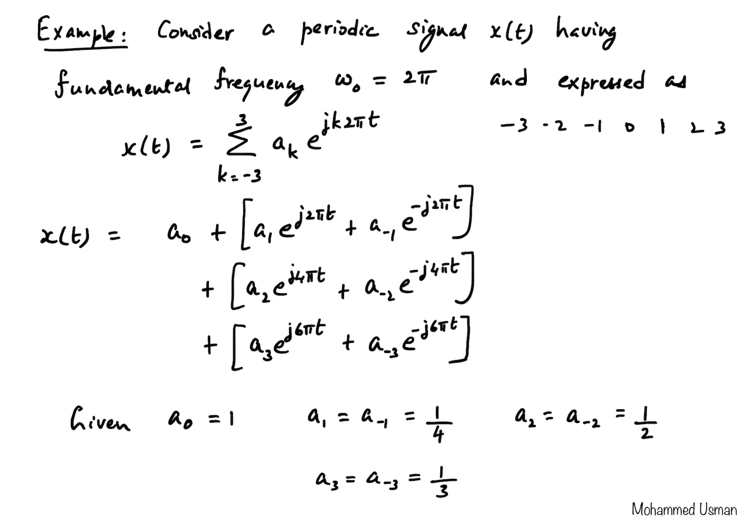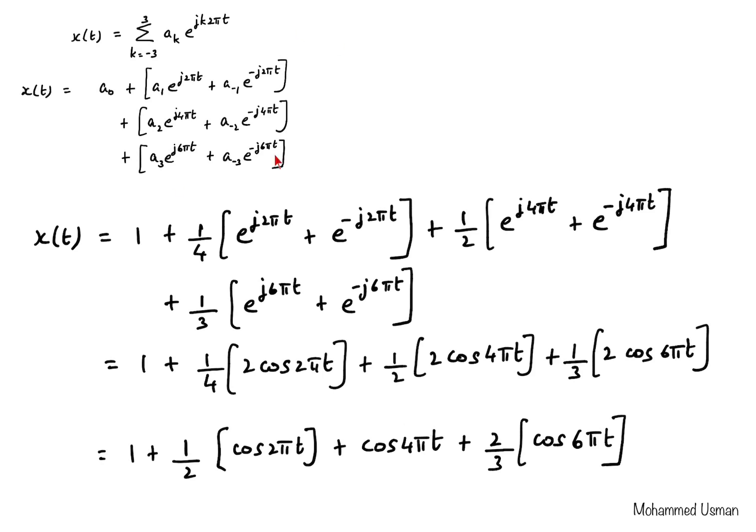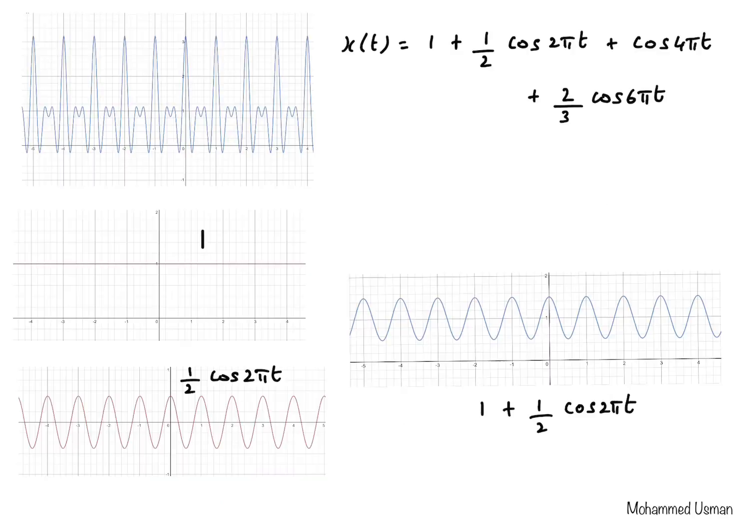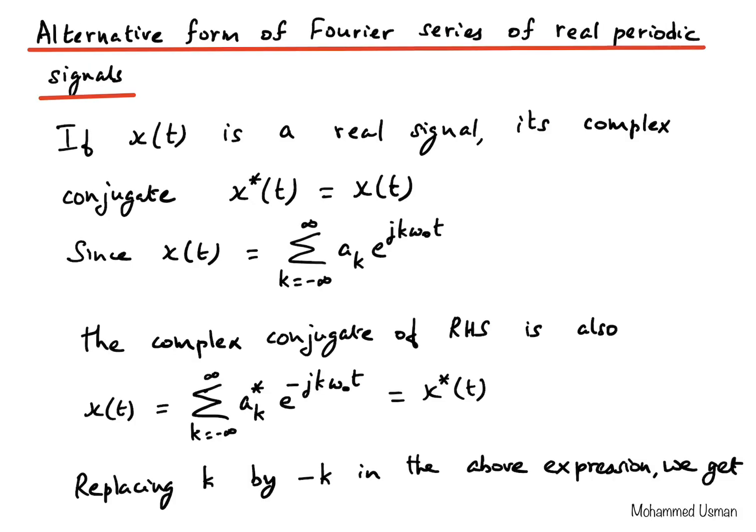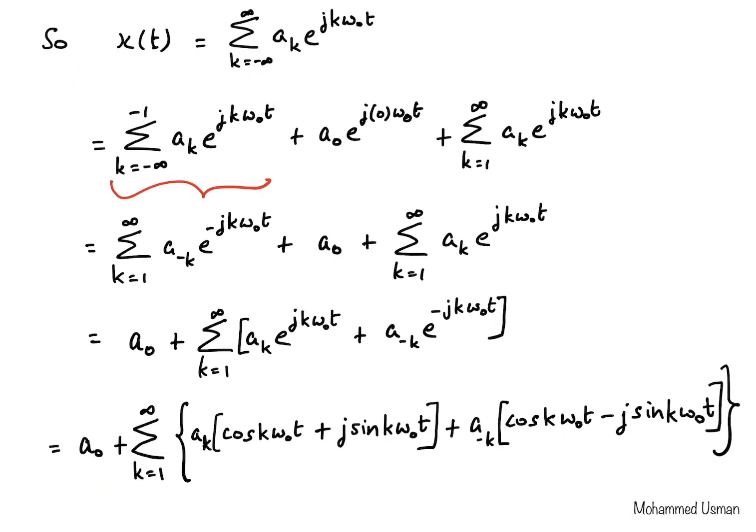A2 is half, and since it's a real signal, A minus 2 is the complex conjugate of A2, and since A2 is real, they both are equal. Similarly for A3. And when we represented this in the Fourier series, we ended up with only cosine terms. You see, there's cosine 2 pi, cosine 4 pi, and cosine 6 pi. So when any AK value is a real number, then that particular term in the series will have only the cosine term. There won't be any sine term in that particular frequency component.